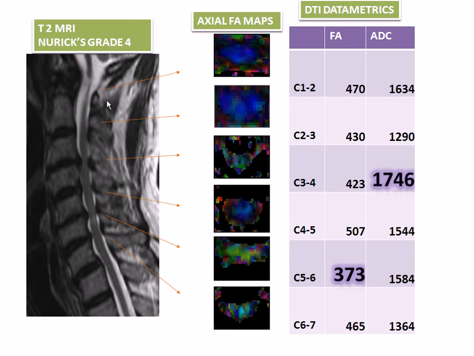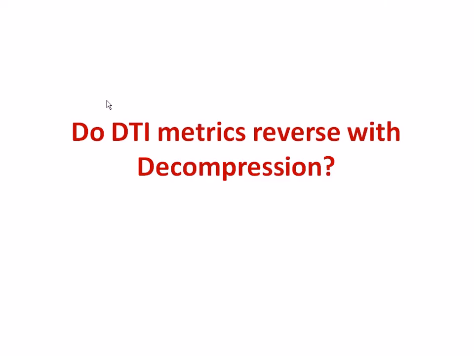In this patient, this was the most significant compressive level on plain MRI, but the datametrics showed that there was actually more functional disturbance at C5-6 because the dip in the datametrics is much more here. So that gave us an additional clue that a single level decompression is not sufficient, and this patient probably requires a multiple level decompression.